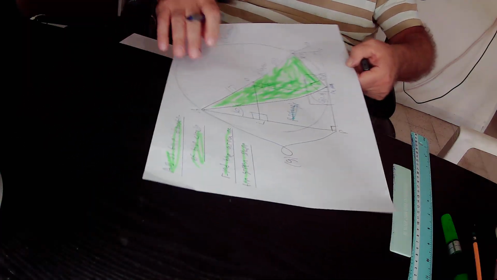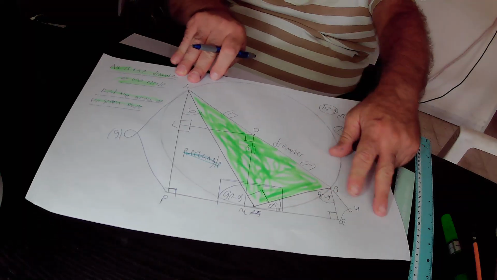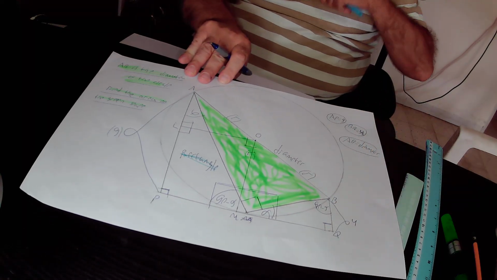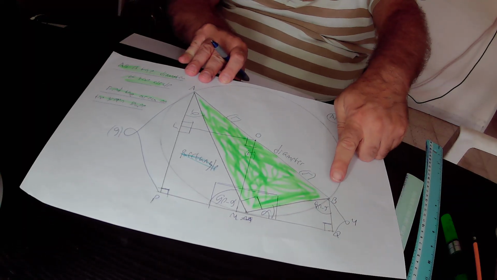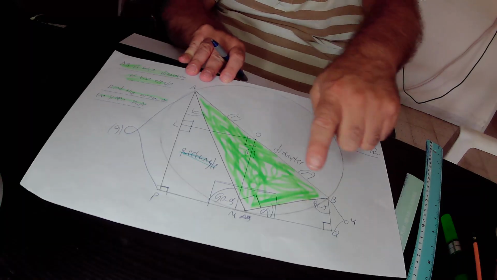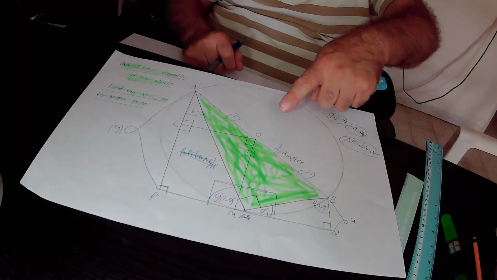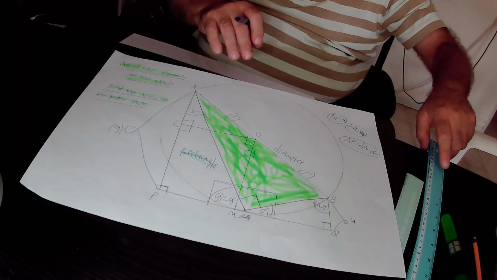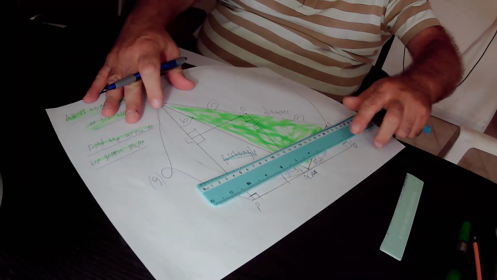In the next step, we will do another construction. That is to say, from point B, we will draw a perpendicular on the radius OM.